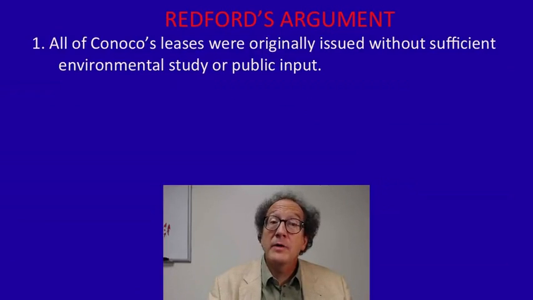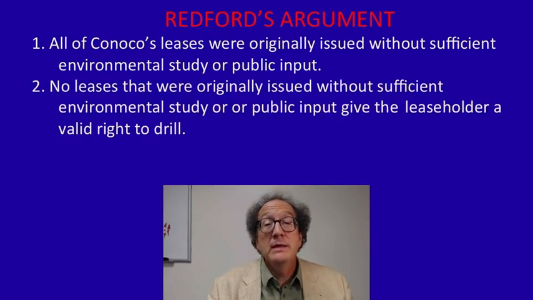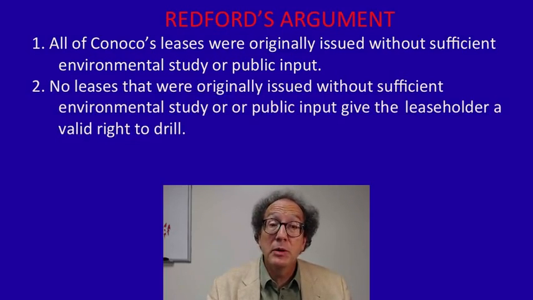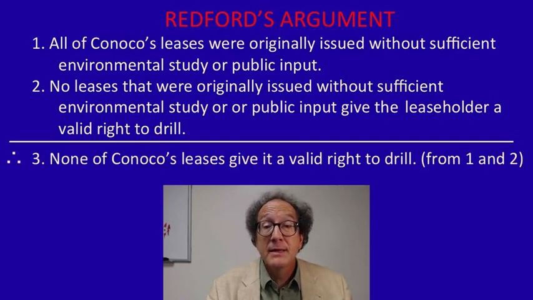1. All of Conoco's leases were originally issued without sufficient environmental study or public input. 2. No leases that were originally issued without sufficient environmental study or public input give the leaseholder a valid right to drill. Therefore, 3, none of Conoco's leases give it a valid right to drill. 4.